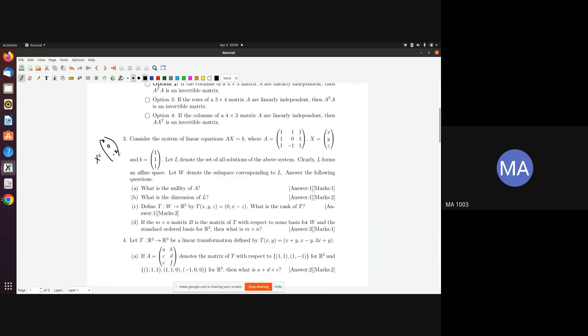So basically, we have to do the row operation on the matrix with rows 1, minus 1 and 1, 1, 1. We do the row operation as it is, and whatever your solution space comes to. I think you are talking about the null space of it, right?